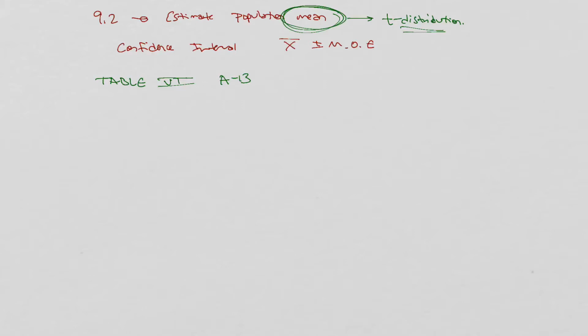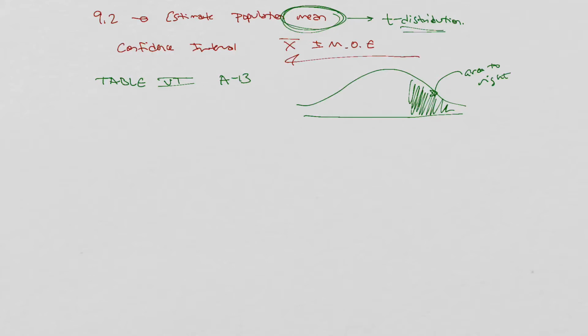The way this chart is set up, the picture up there shows it's giving us values to the right of the curve, so this is area to the right. For the normal distribution, we had the area to the left. So it's a t-distribution: area to the right, not area to the left.